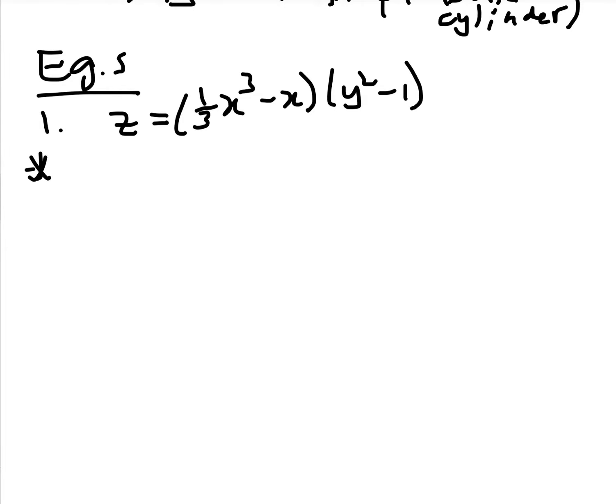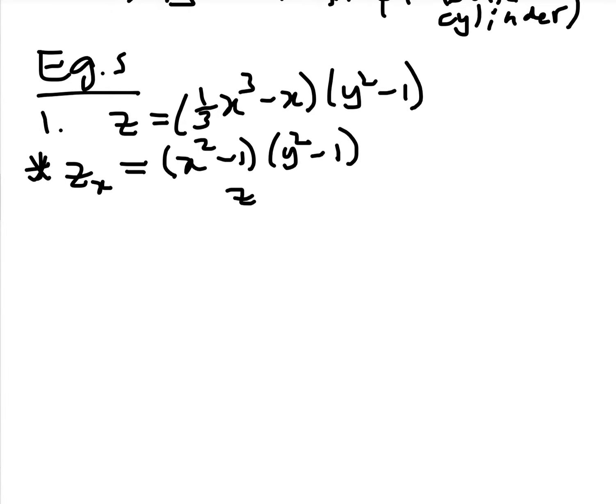So what we have is the first derivative with respect to x. That means all the y's are constant. What we get is (x squared minus 1)(y squared minus 1). Y squared minus 1 is a constant. When you differentiate with respect to y, the first bracket is a constant. You differentiate the second bracket, which is derivative with respect to y, which gives us 2y.